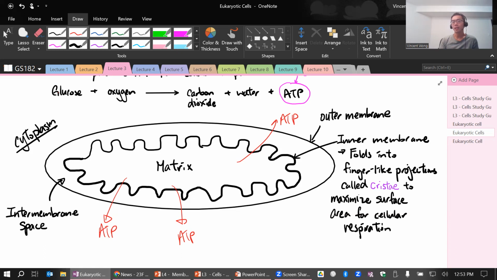So what organ, what kind of cells do you expect to have a lot of mitochondria in it? What do you think?